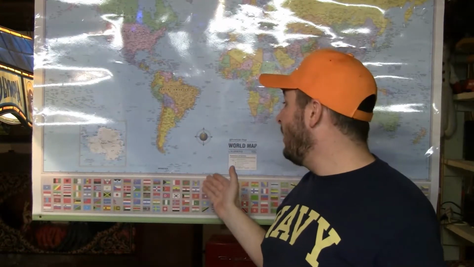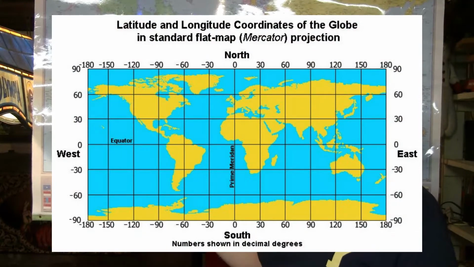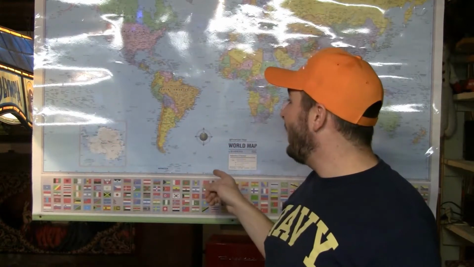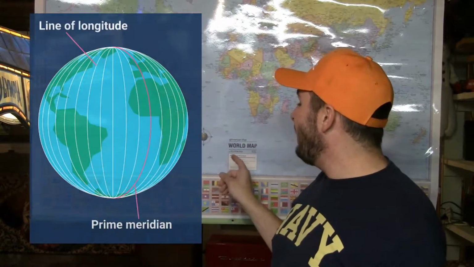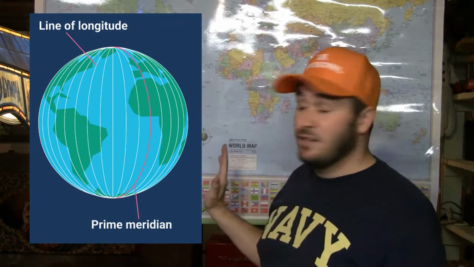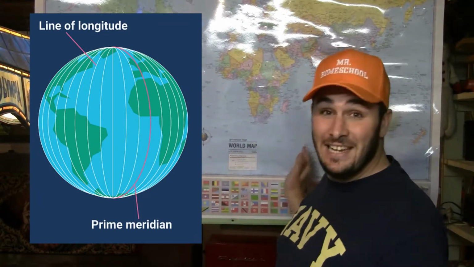And then your longitude will be on the top and bottom of the chart, and that's all based on the prime meridian, and that is X degrees west or X degrees east. And wherever both of those numbers meet is where you are or where you'd like to be.